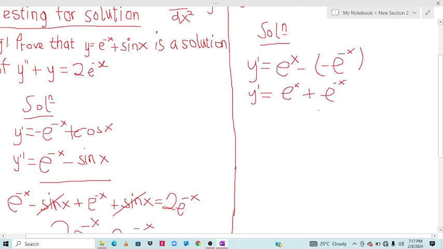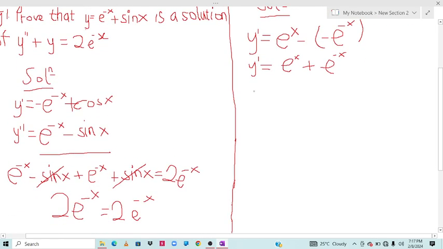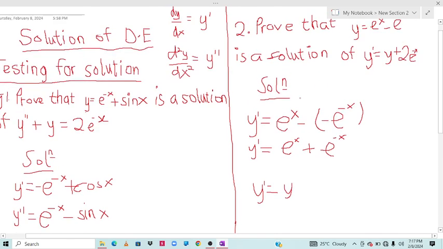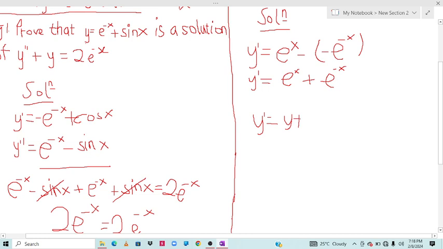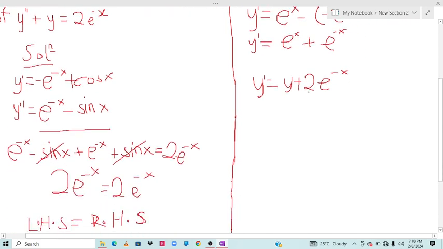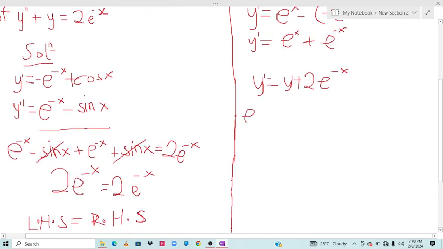Okay. Now, having gotten that, we have our differential equation y' is equal to y plus 2e^(-x). Wherever we see y', we are going to substitute e^x plus e^(-x).